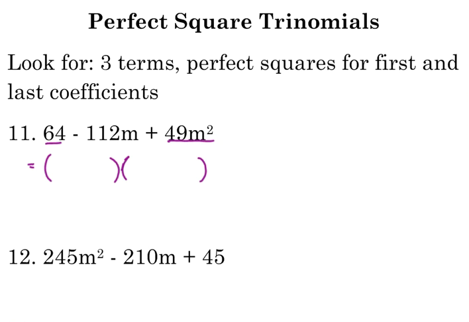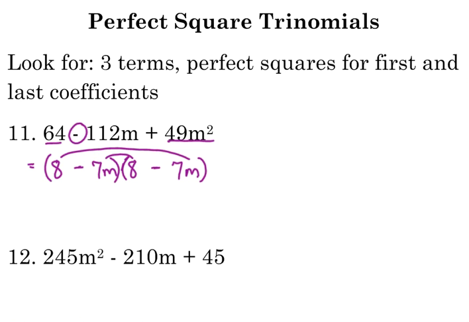Let's factor it. 64 is 8 times 8. 49 is 7m times 7m. 112 was negative, so both of these are going to be a minus. Check it. The outside gives us negative 56, the inside gives us negative 56, and negative 56 plus negative 56 is negative 112.